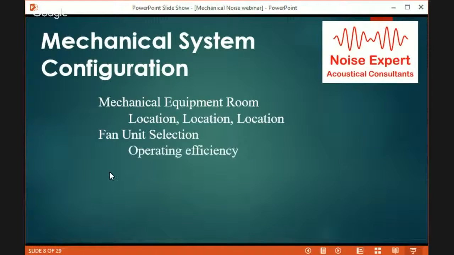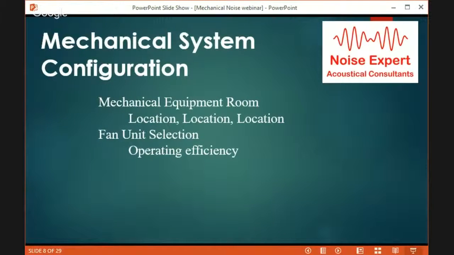Fan selection, one of the biggest issues is just that operating efficiency. If it's under or over, noise wise, that's not the best, but the type, speed, the size will affect the noise characteristics.